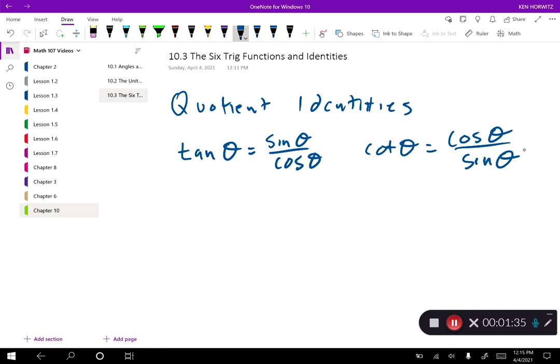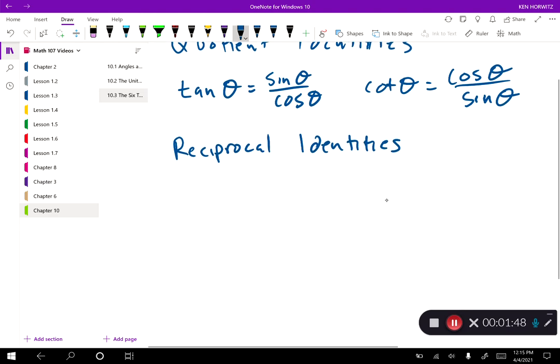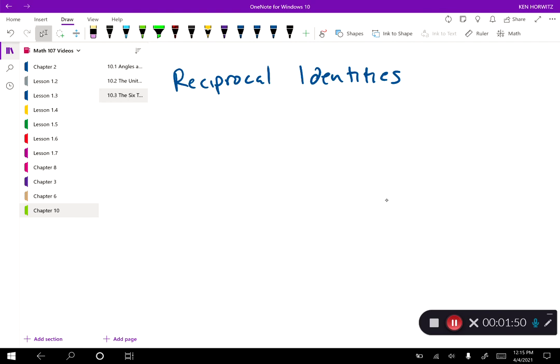In addition to the quotient identities, you also have something called the reciprocal identities. The reciprocal identities basically show the relationship between a trig function and its reciprocal. So for example, the secant of theta equals 1 over the cosine of theta, or this is another way to represent the reciprocal.